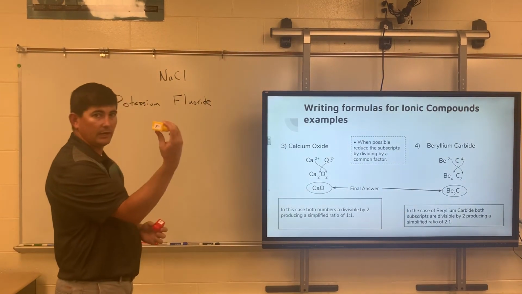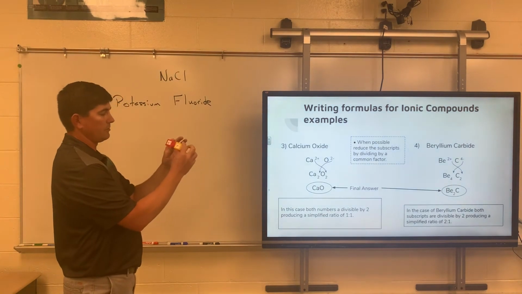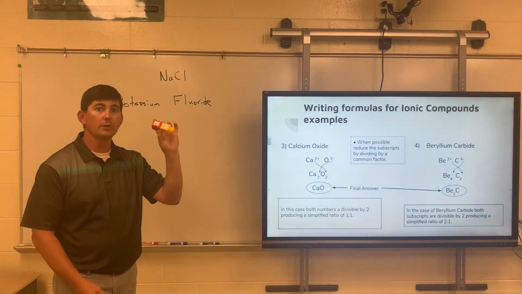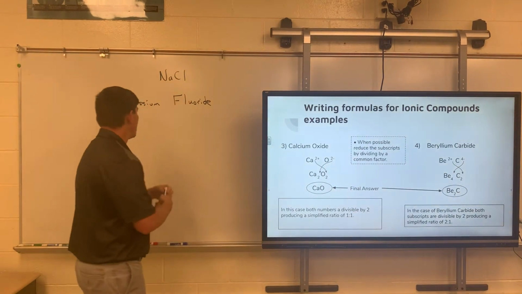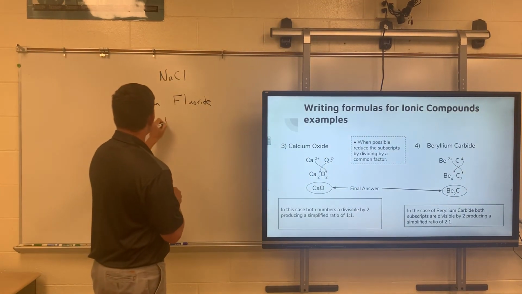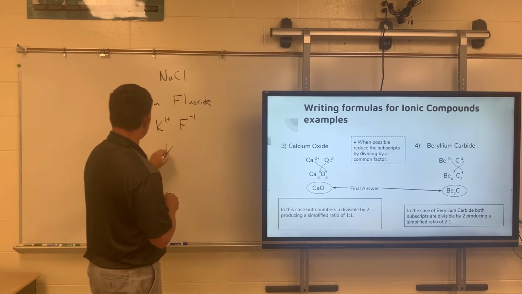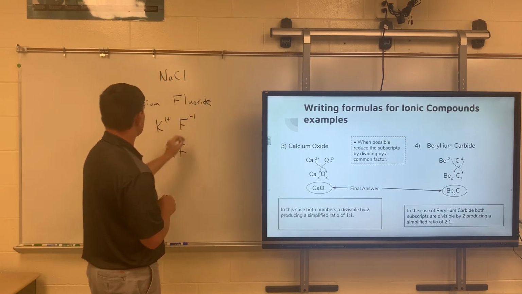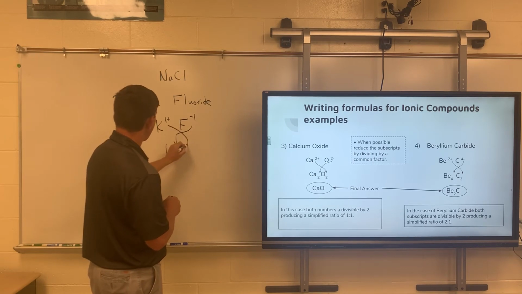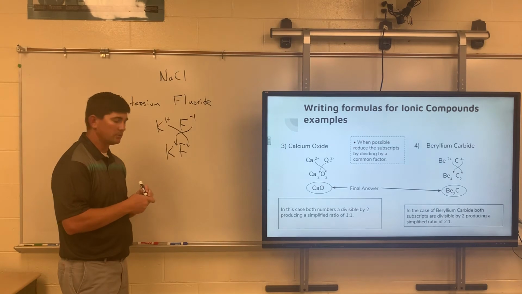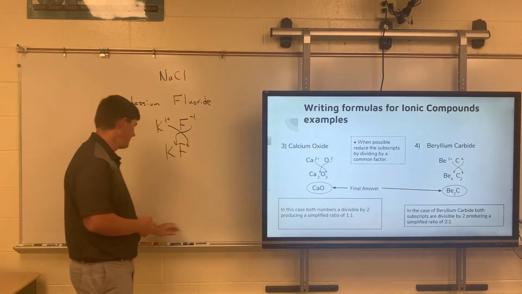And fluorine is a -1. So when I put them together, I just need one of each in order to make my compound. It's a 1-to-1 ratio. So you end up with potassium 1+, fluorine 1-, and when you swap and drop, you just end up with KF. There's a 1 here and a 1 here. It's understood. Okay?